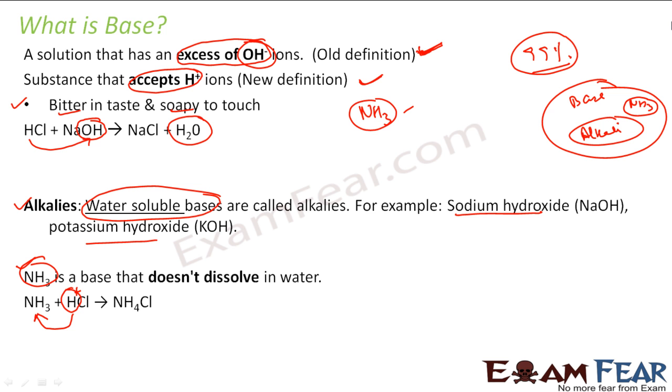And we have something called alkali. Alkali are nothing but water soluble bases. It is a subset of base. All the alkali are base, but all the bases are not alkali. Hope you understand this. Example, ammonia is a base but not alkali. And sodium hydroxide is a base and alkali both. So in this case, NH3 has taken one H plus ion. Correct.